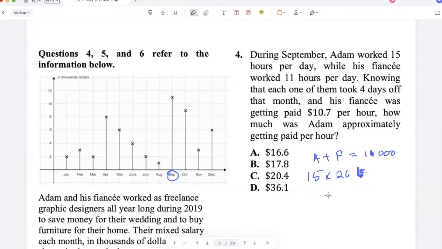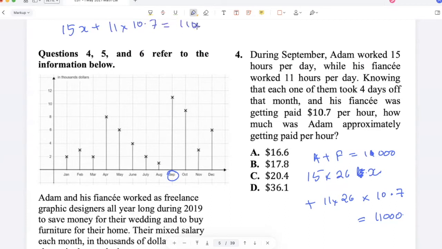And let's say that his per hour rate is x, plus, what about the fiancée? She worked for 11 into 26 and her per hour rate is 10.7, and that total should be 11,000, right? I think we can take 26 common. So 15x plus 11 into 10.7 is 11,000 by 26.